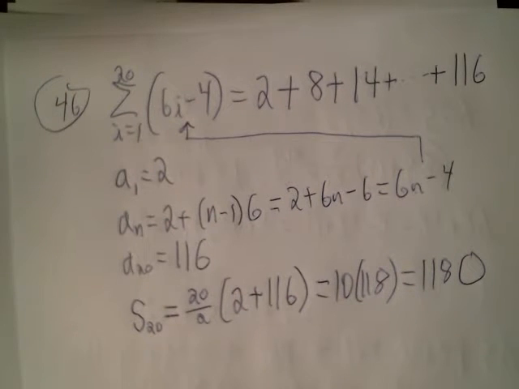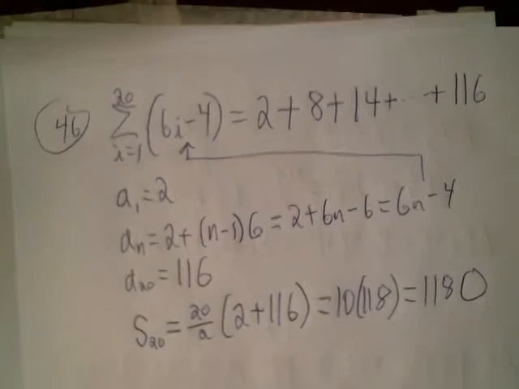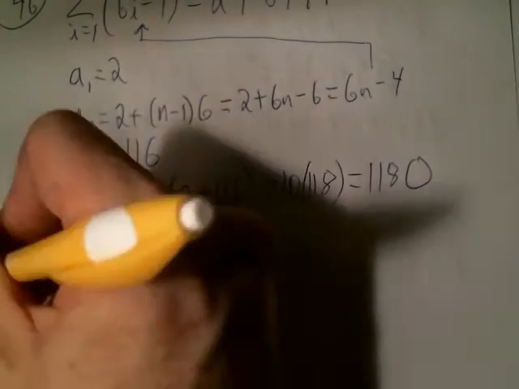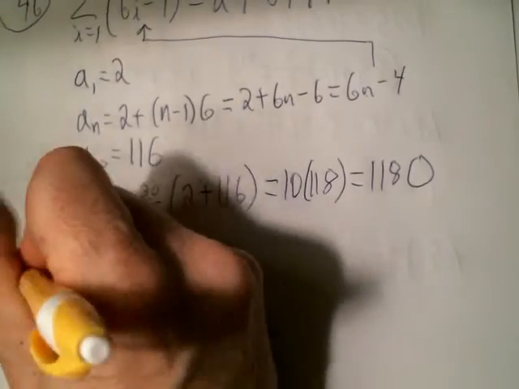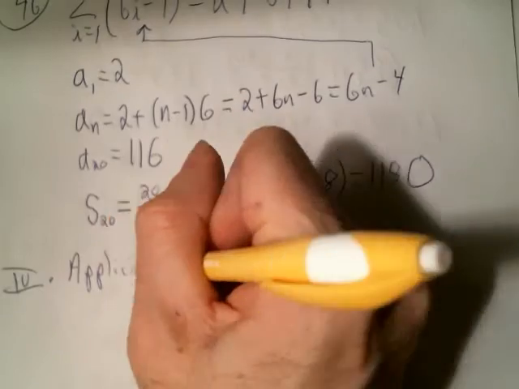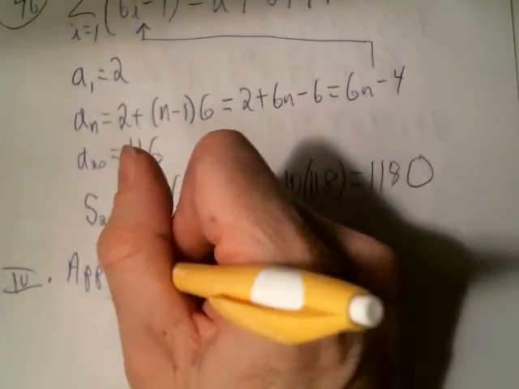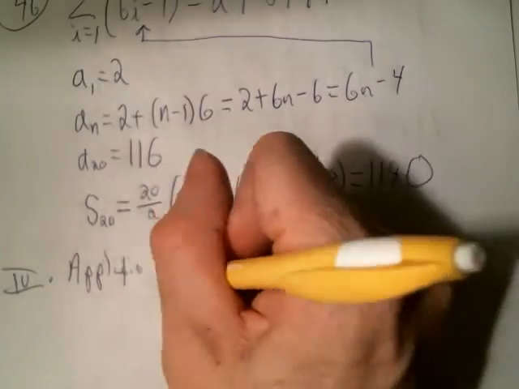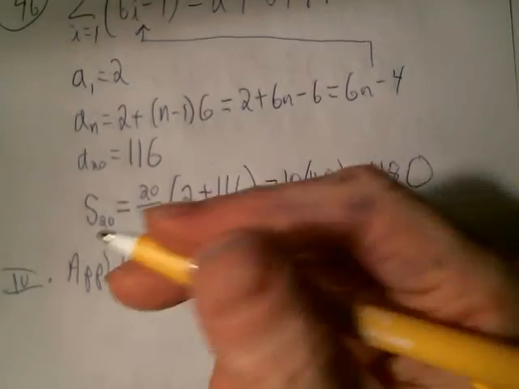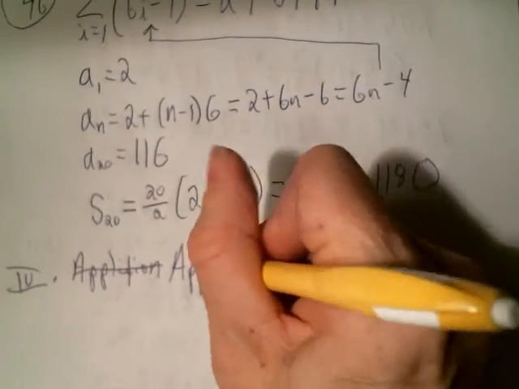Okay, let's look at the application. What's happening here is you're going for a job interview, and one company offers this amount, with these sort of raises: a starting salary, and then they tell you they're going to raise your salary by a certain amount every year. Okay, so there are applications.